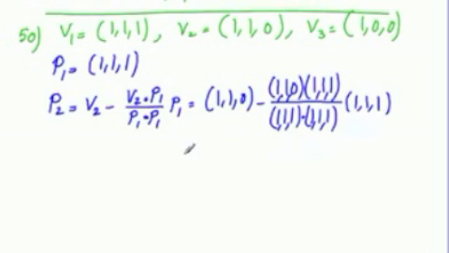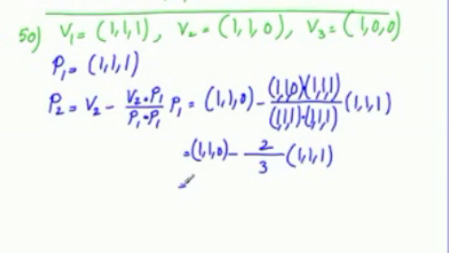Let's just do that. So it's (1, 1, 0). Do the numerator for me. What is the numerator? Just 2. Denominator? Say it again, 3, times (1, 1, 1).